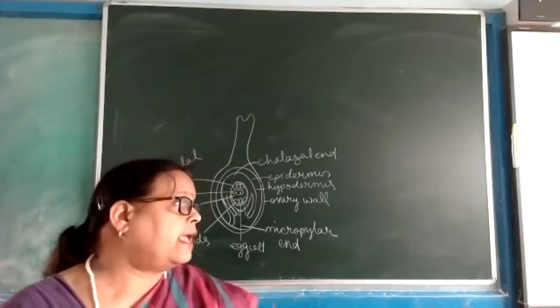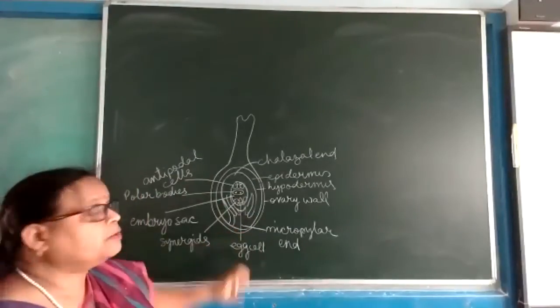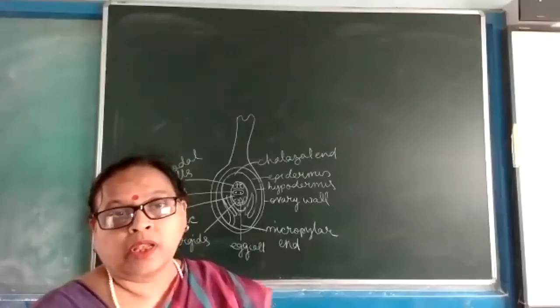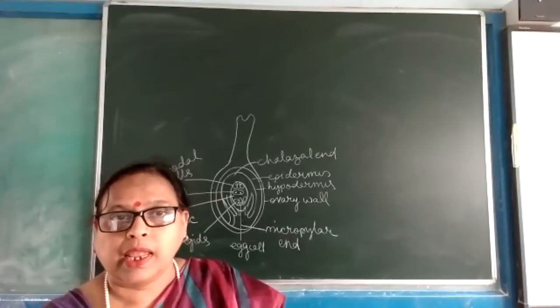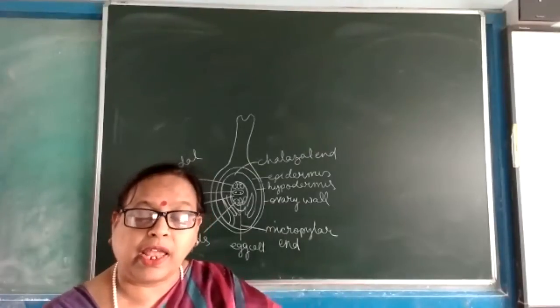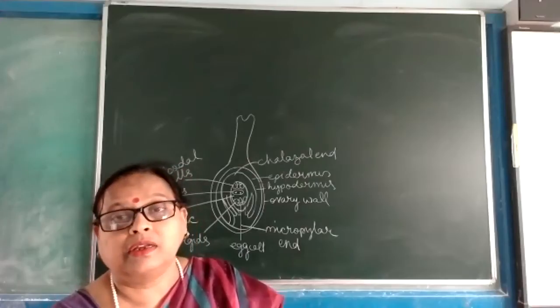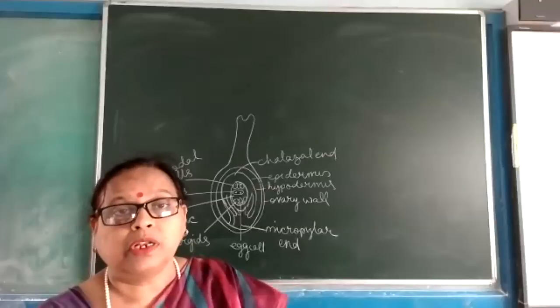Then this egg will develop into the embryo, and the secondary nucleus will develop into the endosperm, and then the embryo will develop. It will get nutrition from the endosperm, and when the seed is grown, it germinates into a new plant.